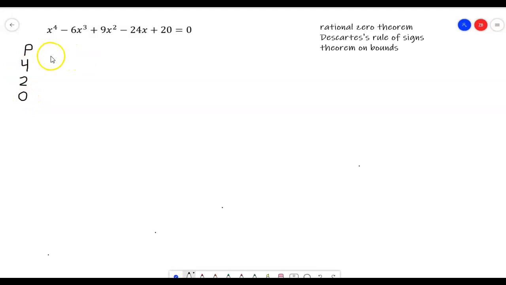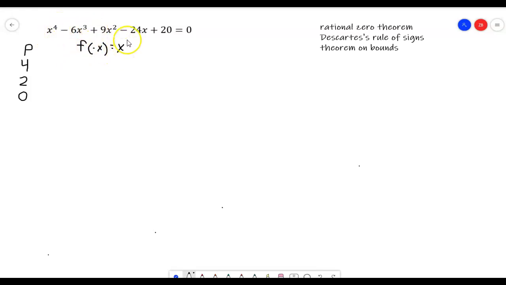And then for my negative, what I'm going to do is replace my x with a negative x. So what that does is if I look at my f of negative x, any exponent that's even is just going to stay the same, because a negative value to an even exponent doesn't change.